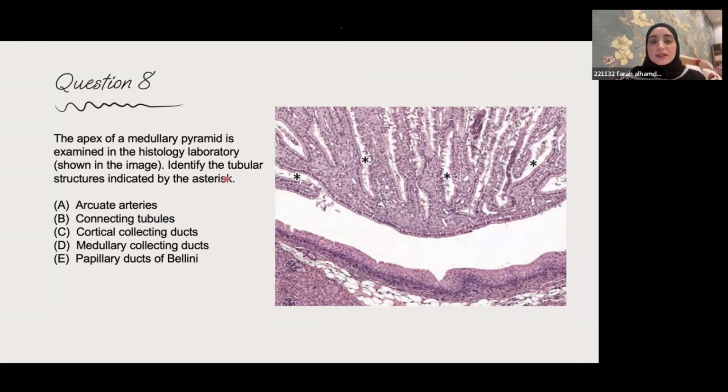Identify the tubular structures indicated by the asterisk. Yes, these are the papillary ducts of Bellini. They're draining into the minor calyx.